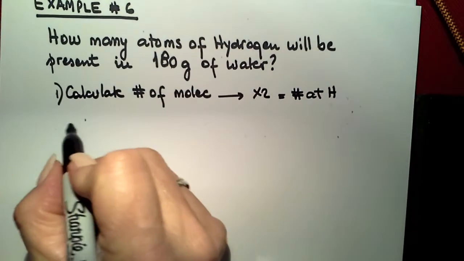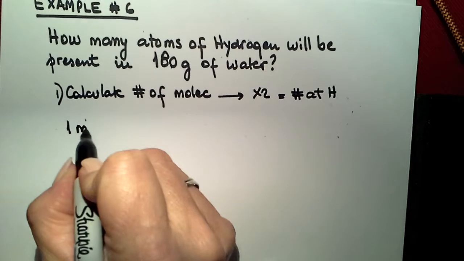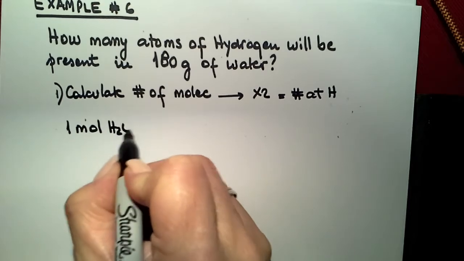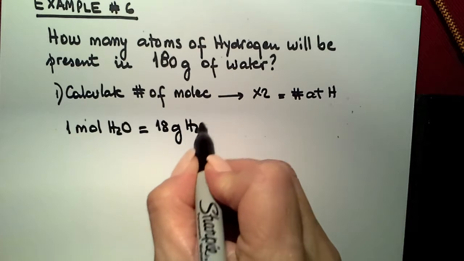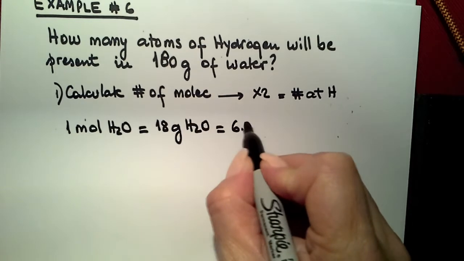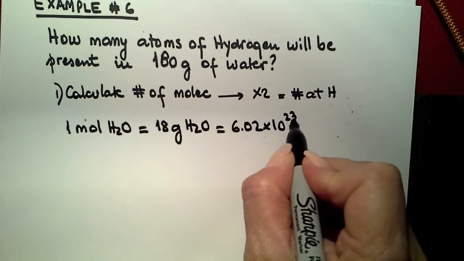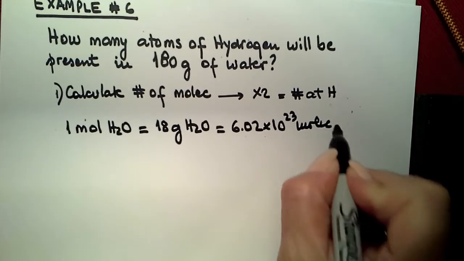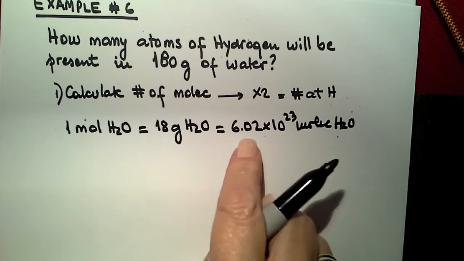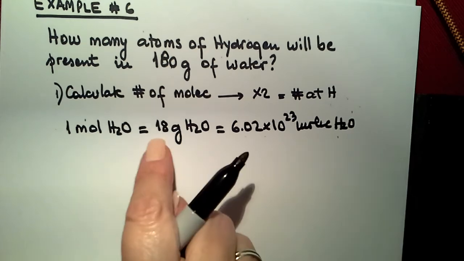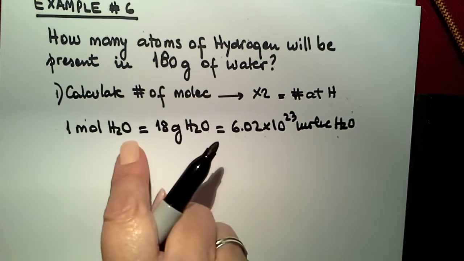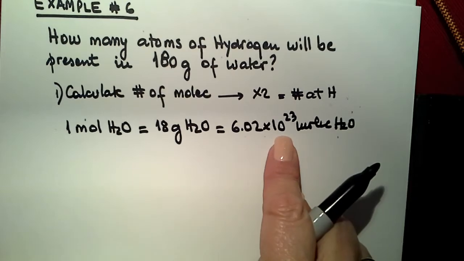So the same thing always: 1 mole of water is equal to 18 grams of water, and it's going to be 6.02 times 10 to the 23rd molecules of water. Or you can also put directly here the number of hydrogens, because in 18 grams of water, since it's 1 mole, it's going to be this twice.